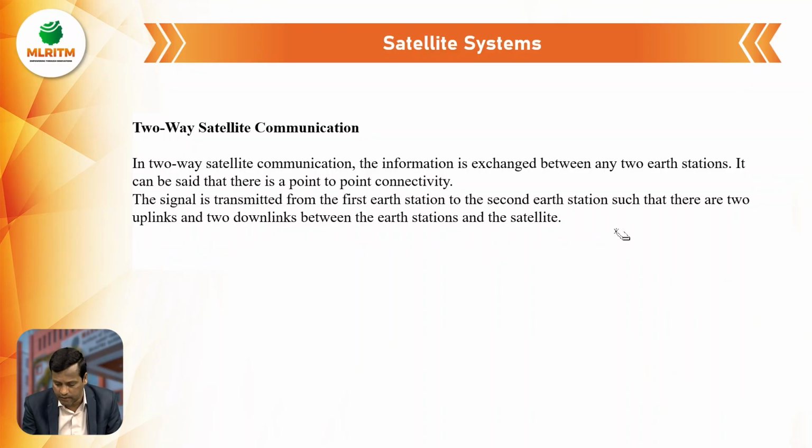In one-way satellite communication, we have a single uplink and one downlink, and it is unidirectional. In two-way satellite communication, it is bidirectional.